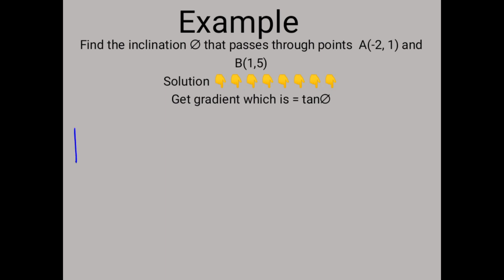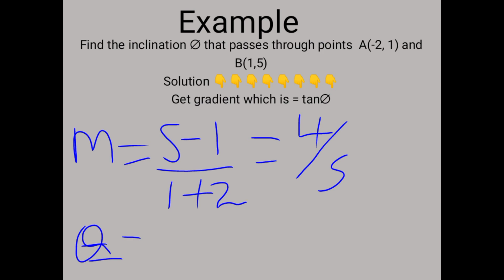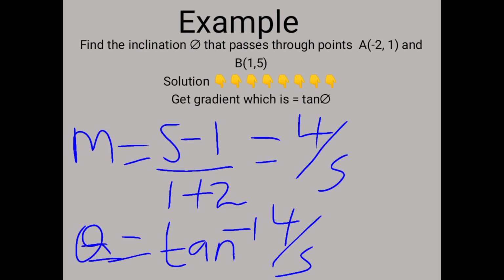So to get the gradient, normally denoted by the letter m, that is 5 minus 1 over 1 plus 2, which is equivalent to 4 over 3. Therefore, theta is given as tan inverse 4 over 3. Please give me the answer in the comment section.